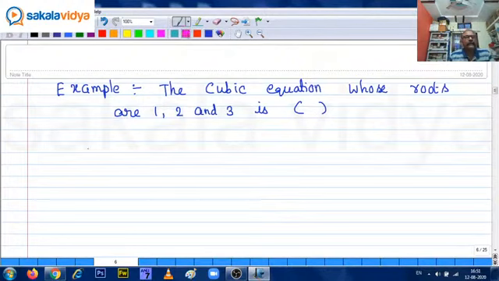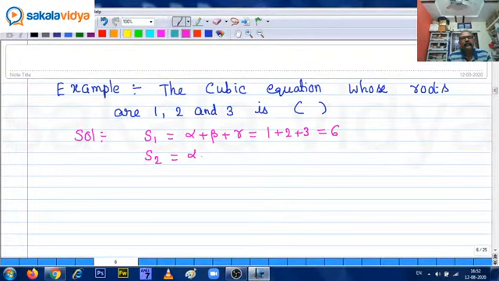So first, what we need to find out? S1. S1 is equal to alpha plus beta plus gamma. So we get 1 plus 2 plus 3 is 6. S2 you need to find out. S2 is alpha beta plus beta gamma plus gamma alpha. Alpha beta means 2 plus beta gamma means 6, gamma alpha 3, 11. Now S3, alpha into beta into gamma, that is equal to 6.